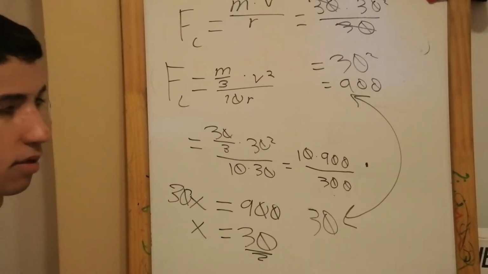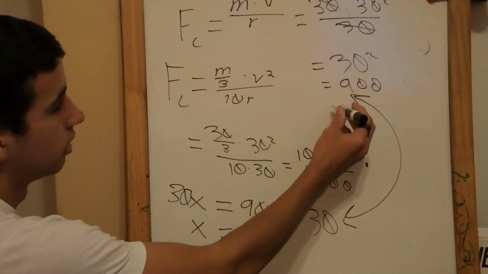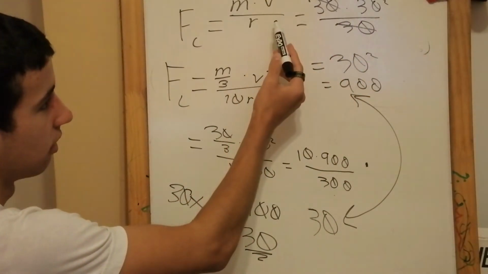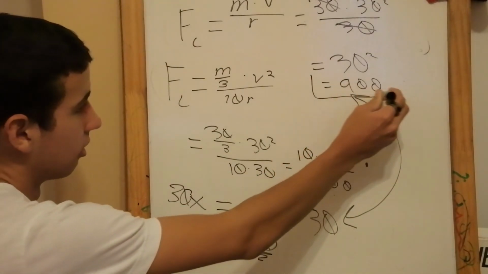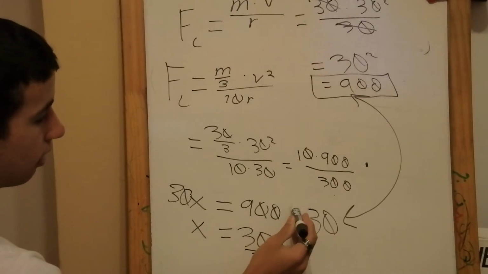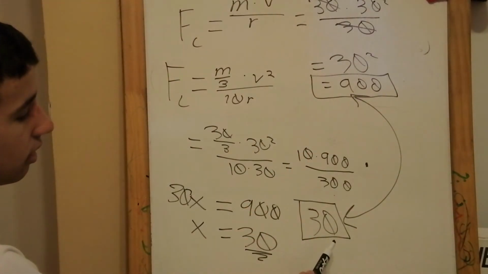You may be asking, why does it decrease? Look at our control. If we had 30, everything is just by itself, our answer came out to 900. But when we started modifying stuff, our answer came out to 30. So this is way bigger than that.